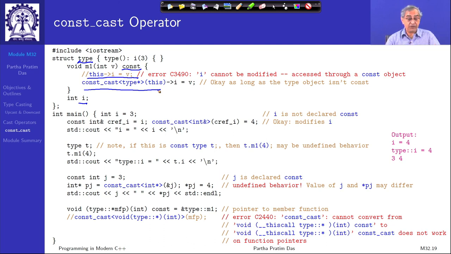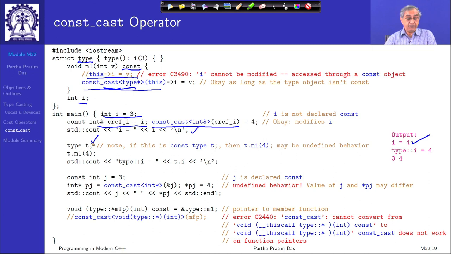So, you can force that by stripping off the constness here. Here is a integer variable and a constant reference to that. You cannot certainly assign anything to this C ref I, but you can strip off the constness of the reference and make an assignment to it. If you print, you will get the value 4.